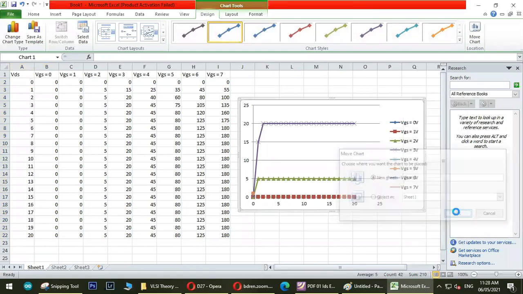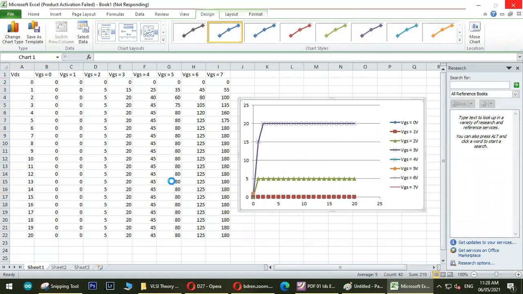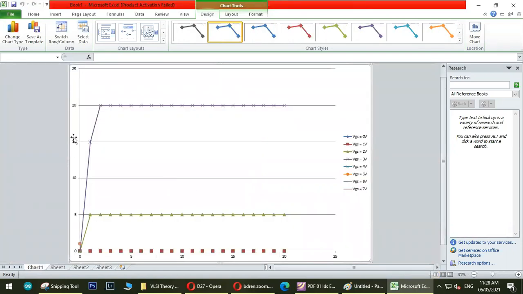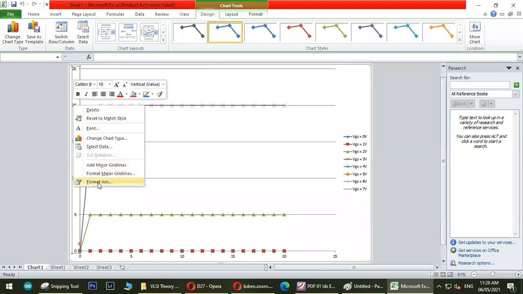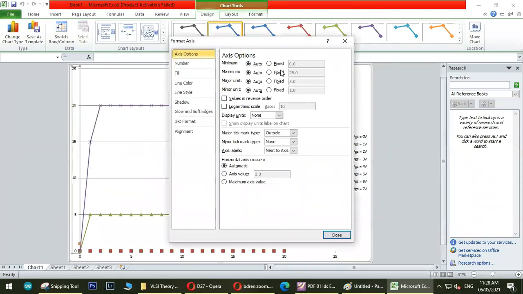Move chart to a new sheet. The new sheet is here. Why are the other graphs not here? Because of the X scale. So we want to increase the scale for matrices. We will make the maximum value, let's say, 200.